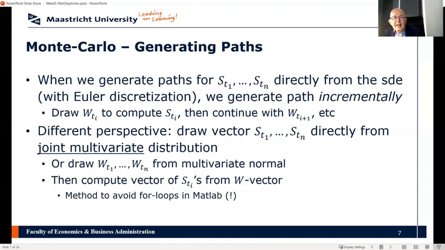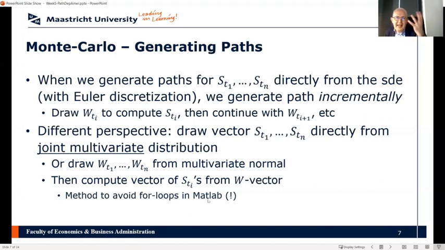Instead of drawing the independent Brownian increments sequentially from a normal distribution, I can draw a vector of Brownian motion realizations from a multivariate normal distribution. And once I have this vector of Brownian motions, I can then compute the vector of stock price values from that W vector.